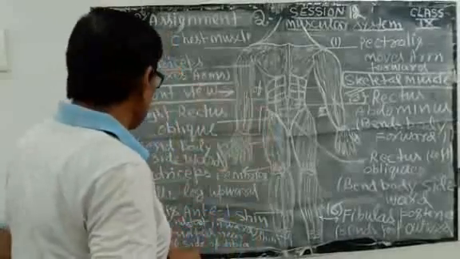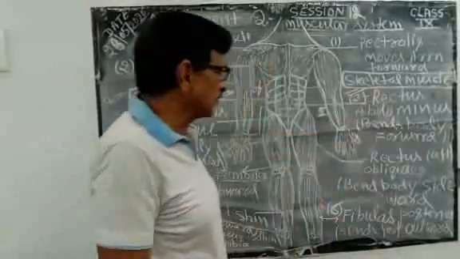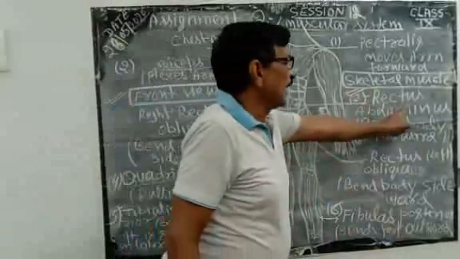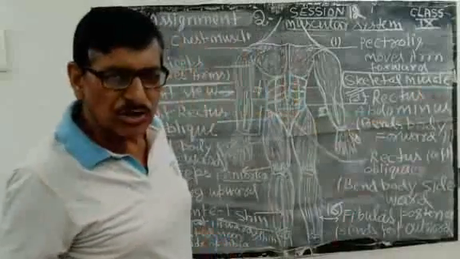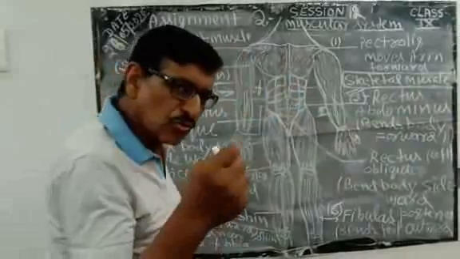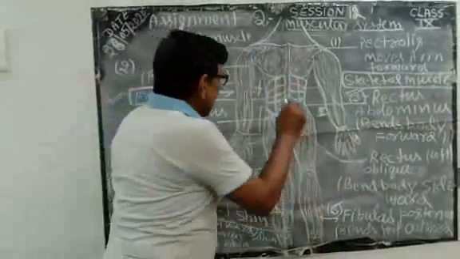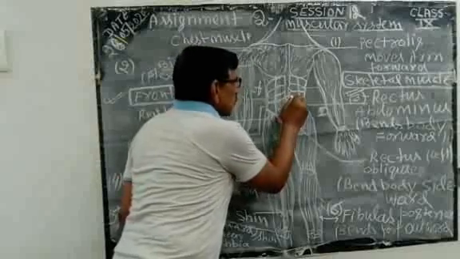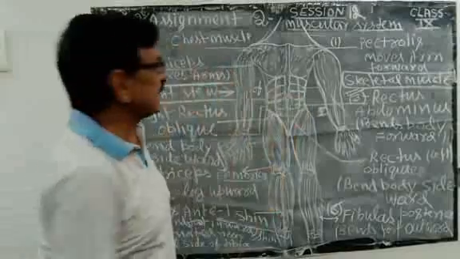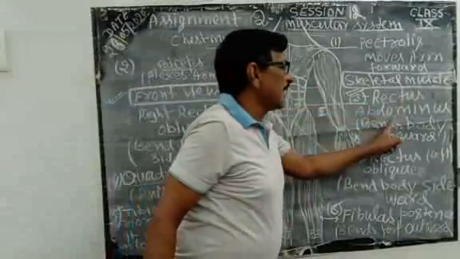Now, third muscle, that will be rectus abdominis. Now, children, I want to draw your attention in the figure near the center point of the body. This area is known as rectus abdominis.